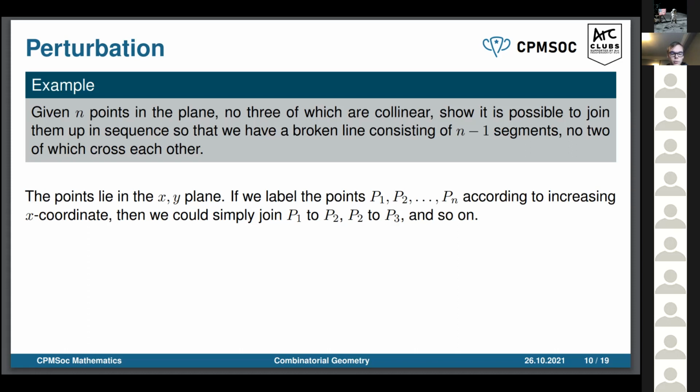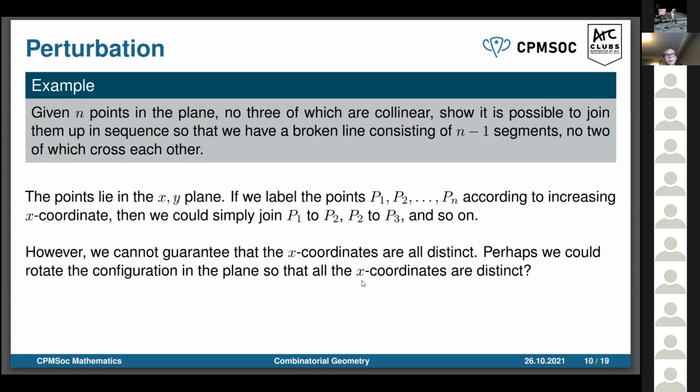And if they all have different x coordinates, well, you can certainly pick the smallest x coordinate first as the beginning of your set of line segments. And then you pick the second smallest x coordinate and you join a line segment between those two. And then from the second smallest x coordinate point, you join that to the third smallest, and so on. You're going to end up with a polygonal path through the plane that doesn't have any crossings, because all of these lines are increasing in x coordinate.